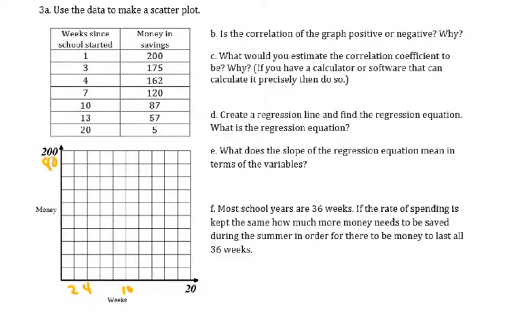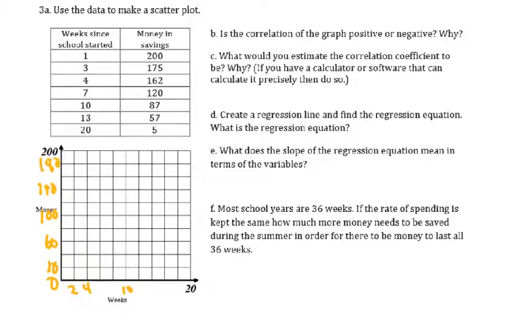Because that would be 280, 260, 240, 220, 200. Oh, that should work. What am I doing wrong? We have 0, 20, 60, 100, 120, 140, 160, 180. Okay, don't know what I did wrong there that first time.